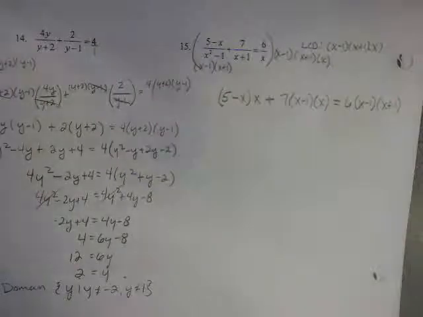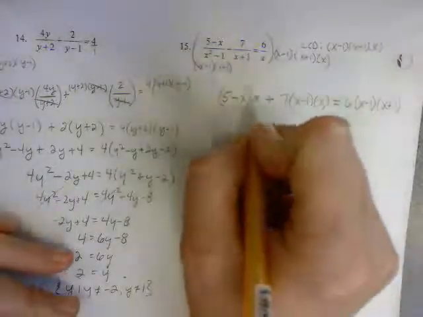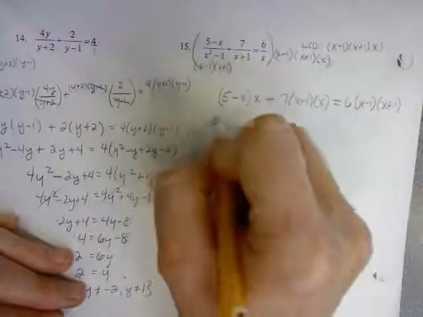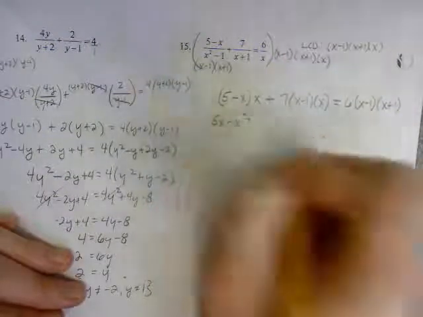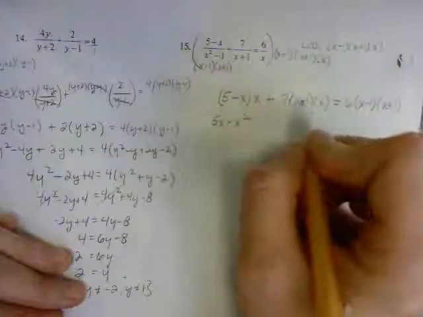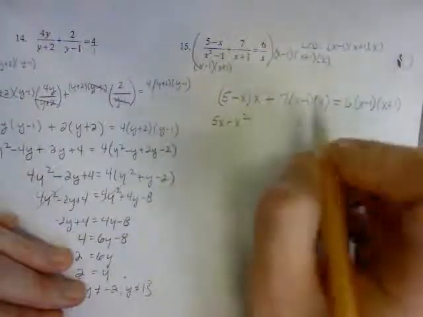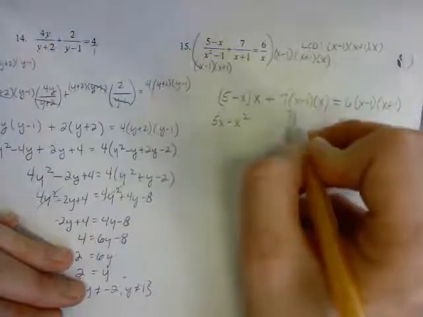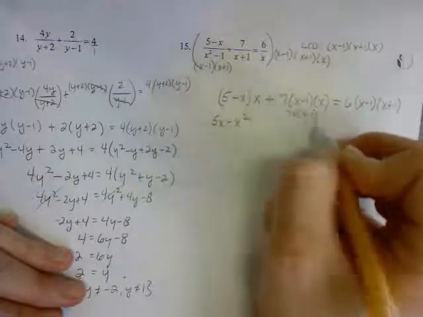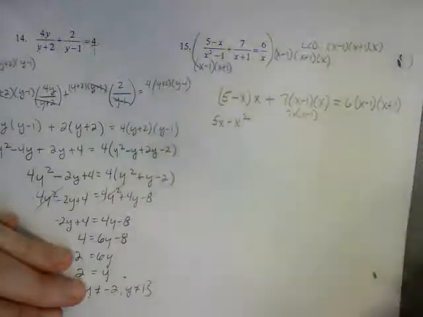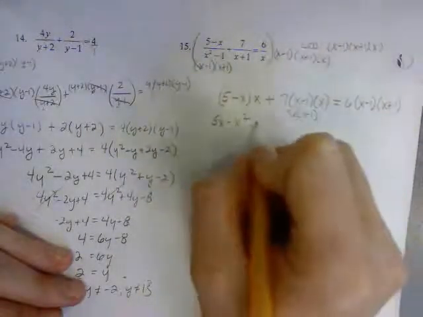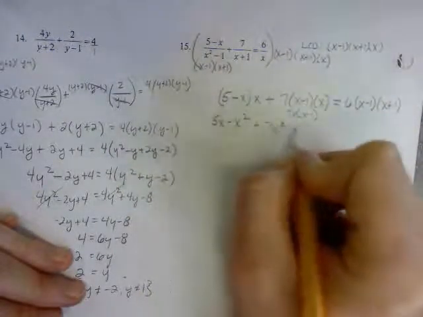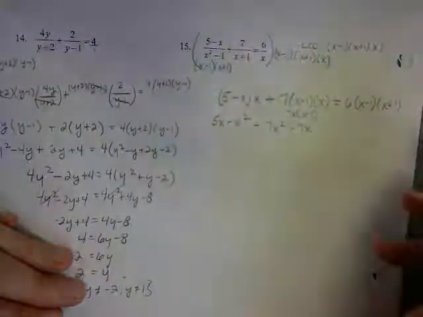Now I can do my distributive property and simplify my expression and get an answer here. So I'm going to distribute my x, and I'll get 5x minus x squared. I can put this x with my 7, so I can make this a 7x times x minus 1 and distribute the 7x through, and I get a 7x squared minus 7x.